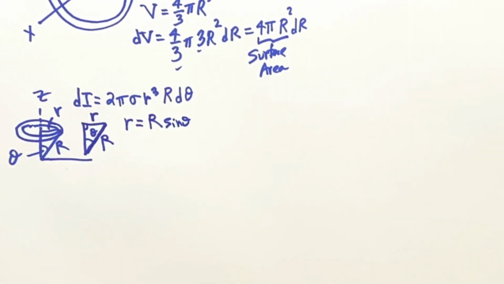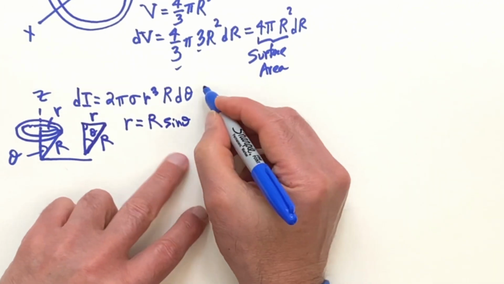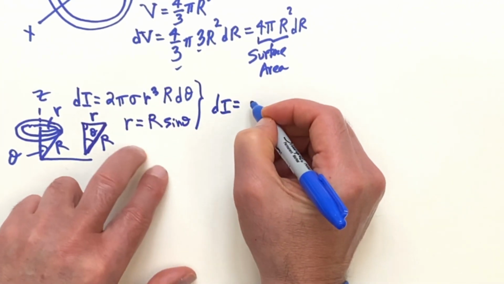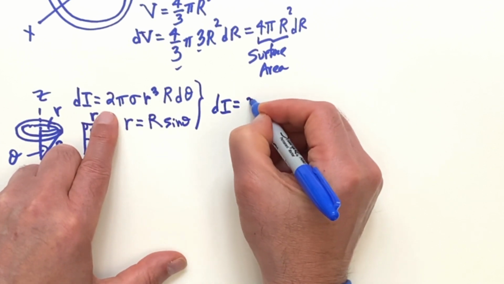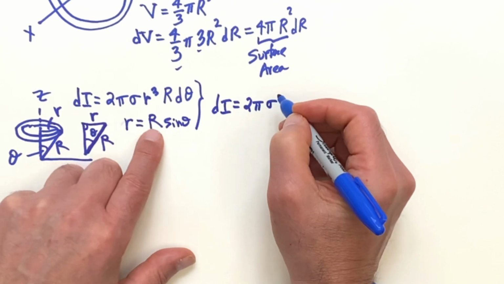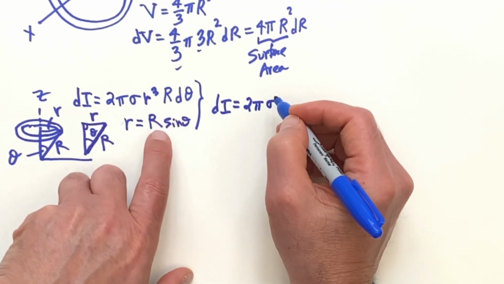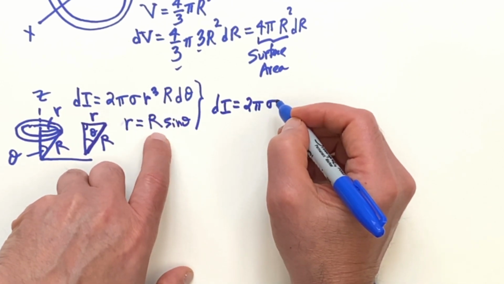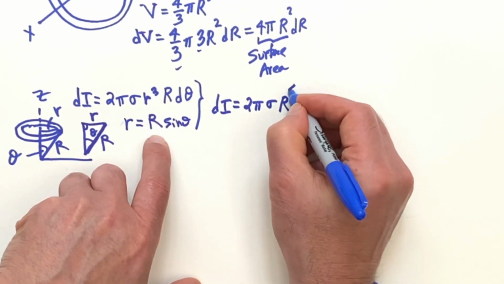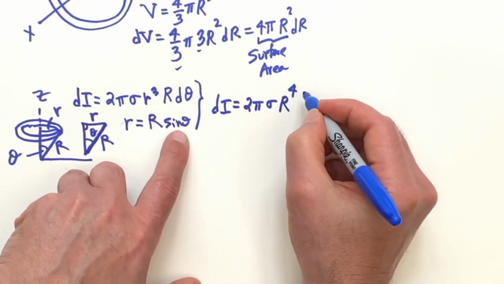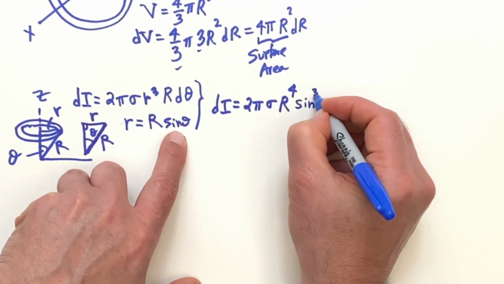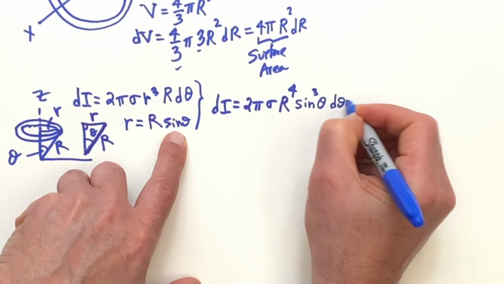So that gets me the little r, which I'm going to substitute in. And then for the dI, I'm going to have 2 pi sigma, and now this cube will give me an R cubed with another R will give me an R to the 4th, and then when I cube this sine, I'll have the sine cubed of theta, d theta.